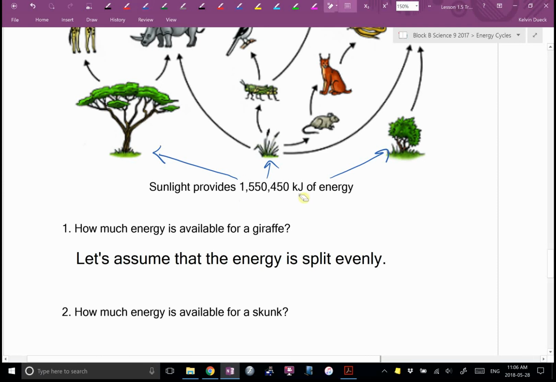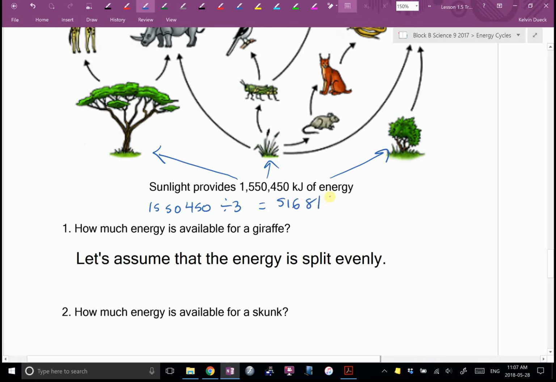So can someone divide this by 3 on their calculator? Because we need to split it 3 ways. What'd you get? 516,816.667.